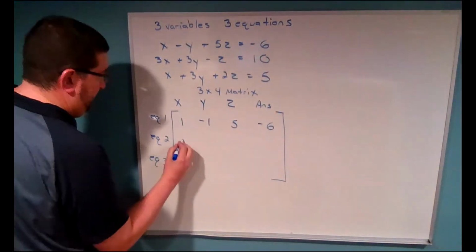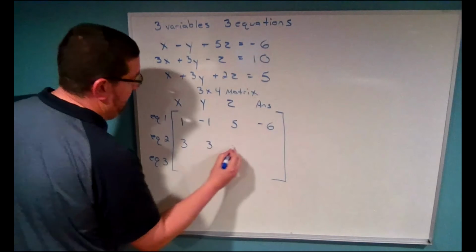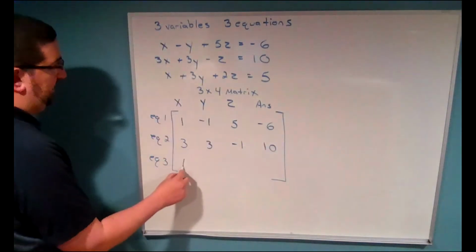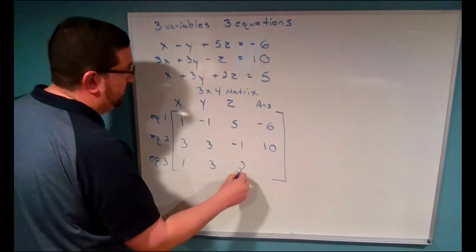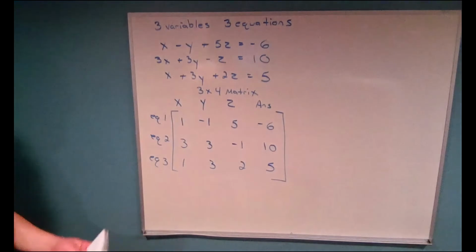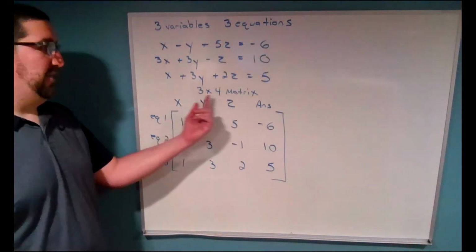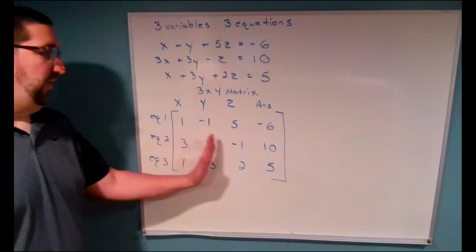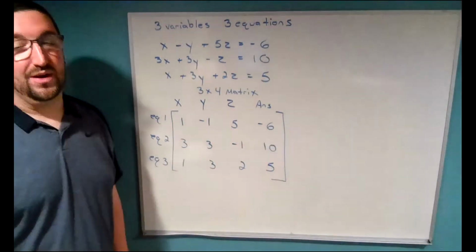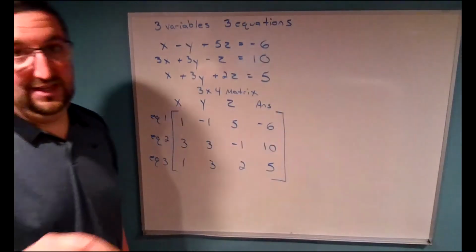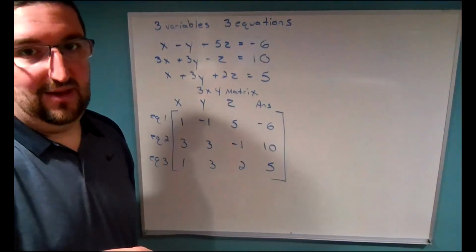Equation 2: 3, 3, -1, 10. Equation 3: 1, 3, 2, 5. All right, so that would be our augmented matrix, a 3 by 4 matrix, 3 rows, 4 columns. And now we're going to come up with the reduced row echelon form of this by using our calculator.